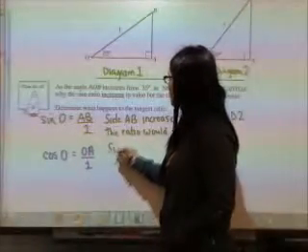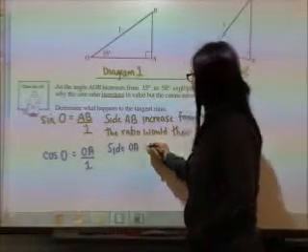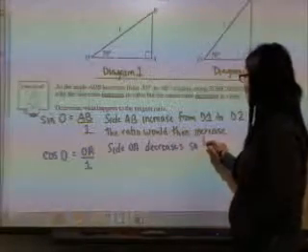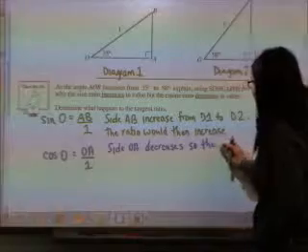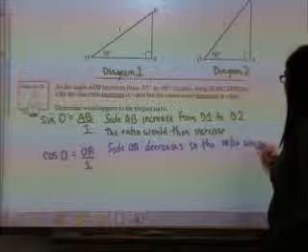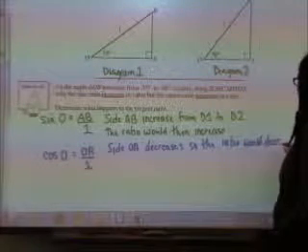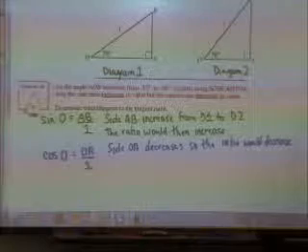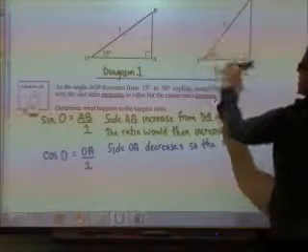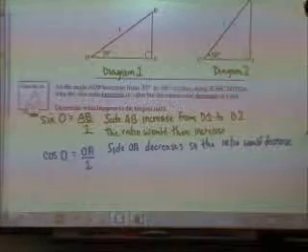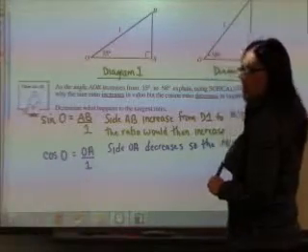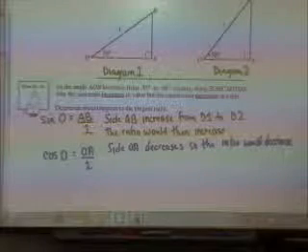So side OA decreases, so the ratio would decrease. In other words, as my angle gets larger, my opposite side will get longer. And as my angle increases, my adjacent side becomes shorter.